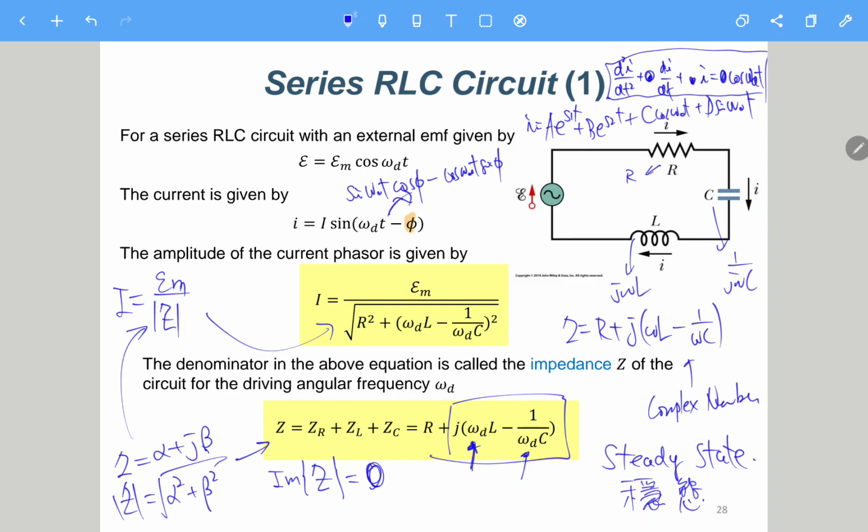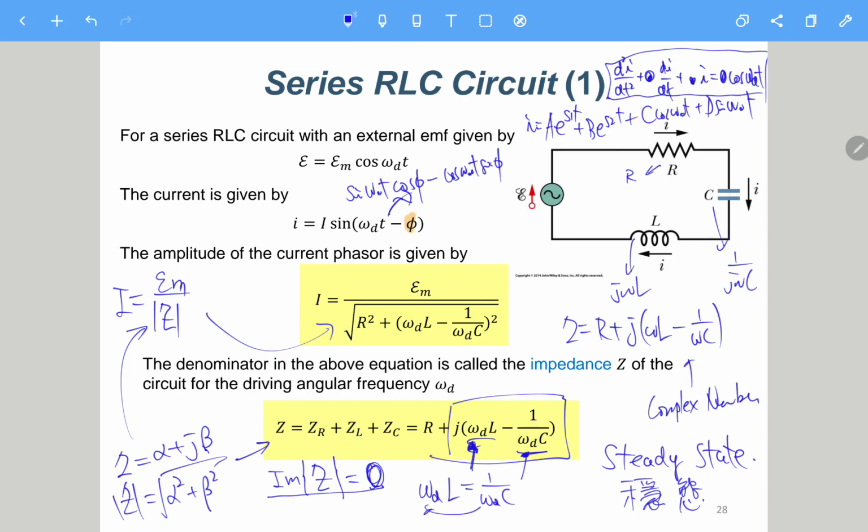There is no total energy stored in here. It turns out to be a real impedance. So if the imaginary part of Z equals 0, it will just be omega d L equals 1 over omega d C.